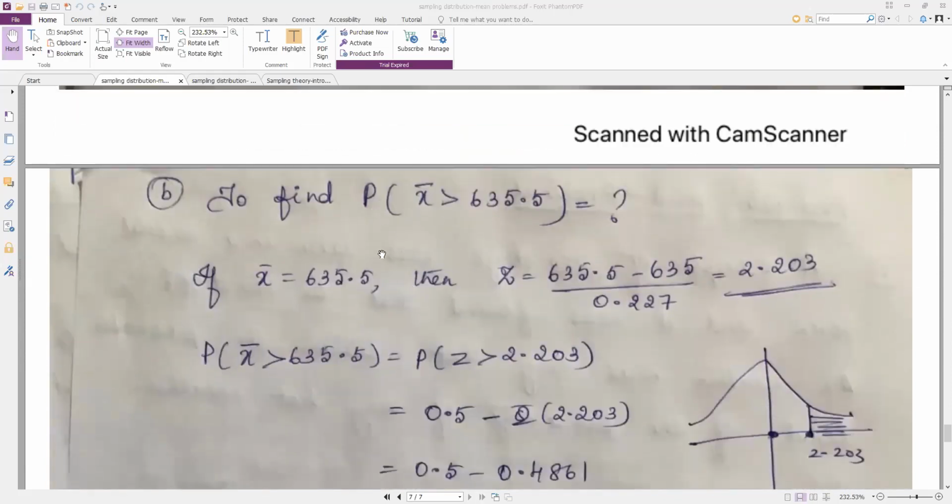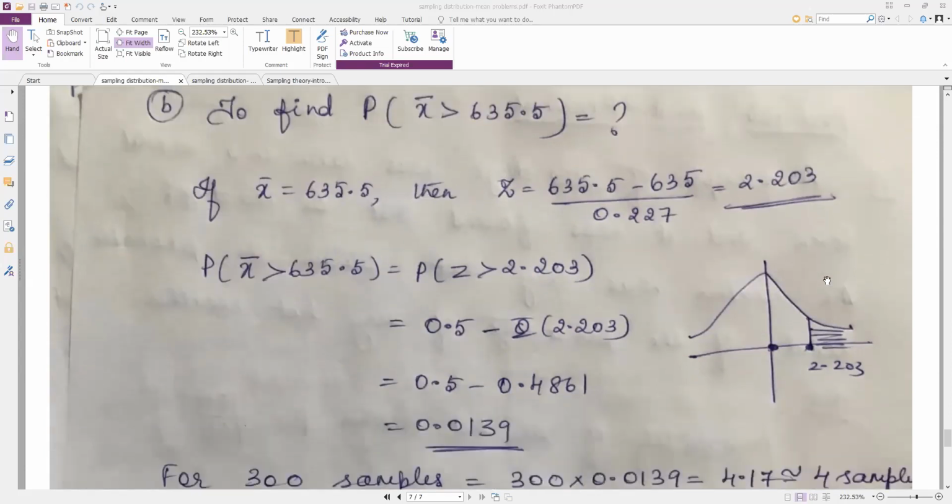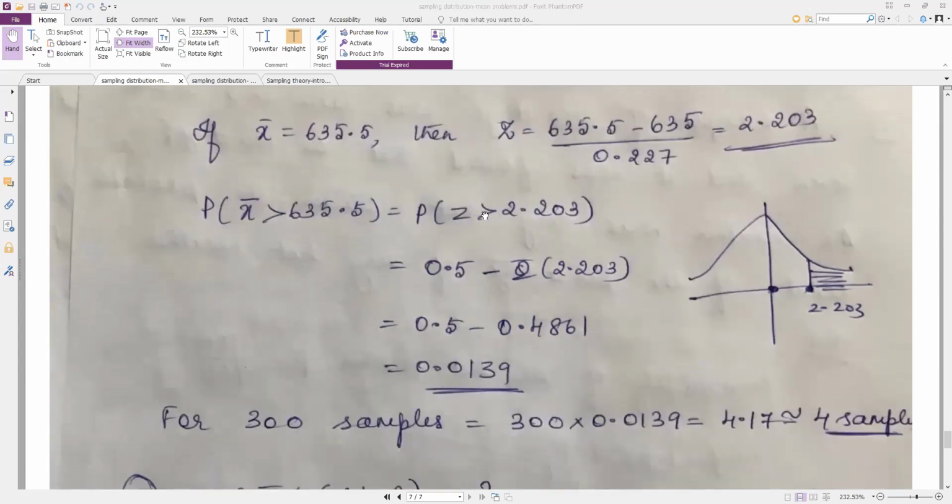Similarly, go to the next problem. Probability x bar greater than, same thing. We need to convert x bar in terms of z. Put 635 point in the normal variate, you will get 2.203. So we have converted x bar into z. Greater than 2.203 means the full area is 0.5, but we don't want the full area, only this part.